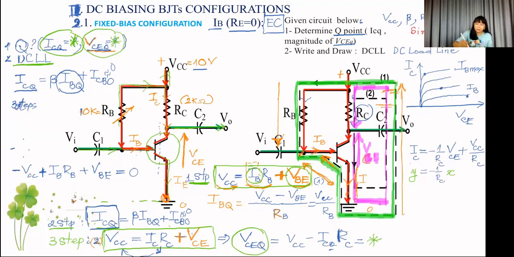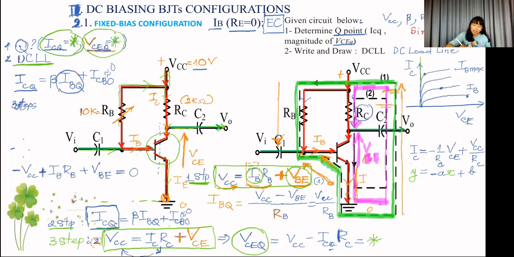This is minus A X plus B. We have the line. Y is equal to minus AX plus B. If I draw this, we have the first equation.